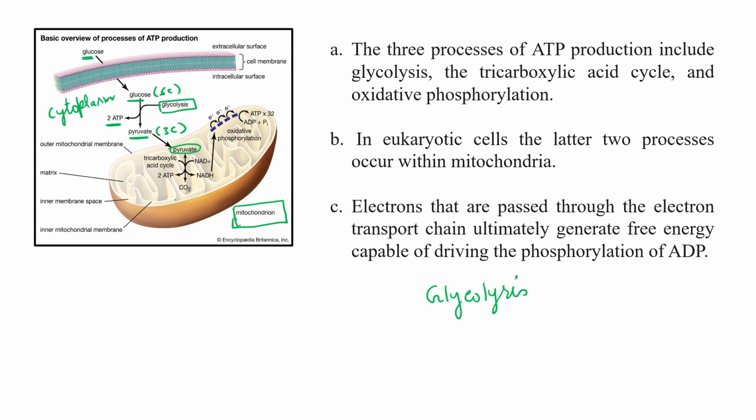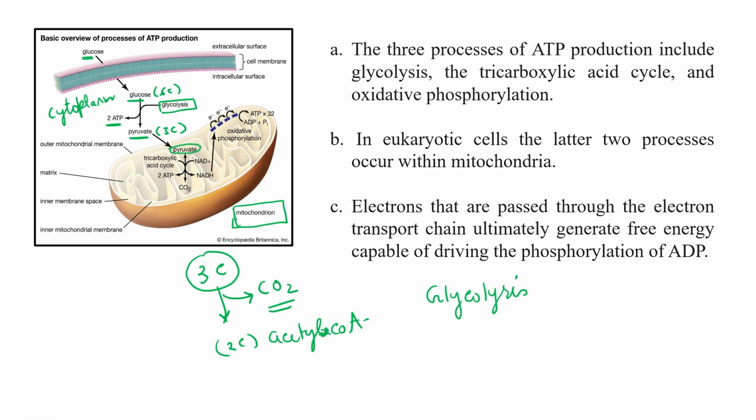So this 3-carbon molecule is converted into a 2-carbon molecule, acetyl coenzyme A. How does it convert? It must release one carbon from itself as carbon dioxide.